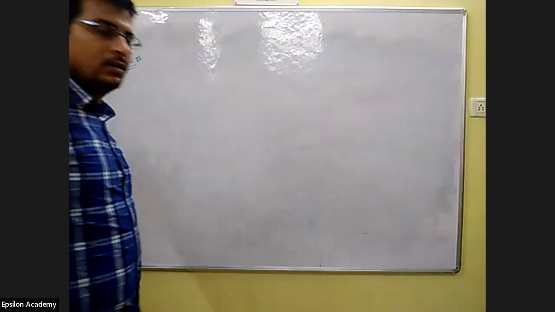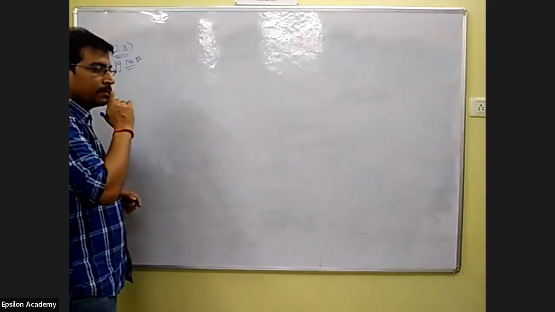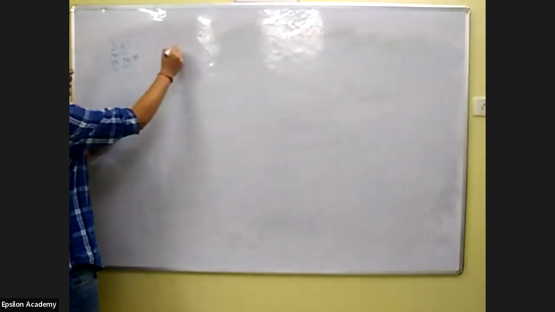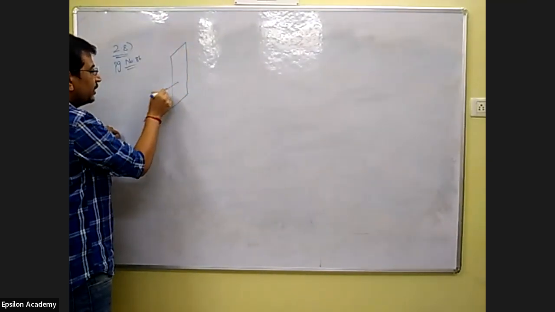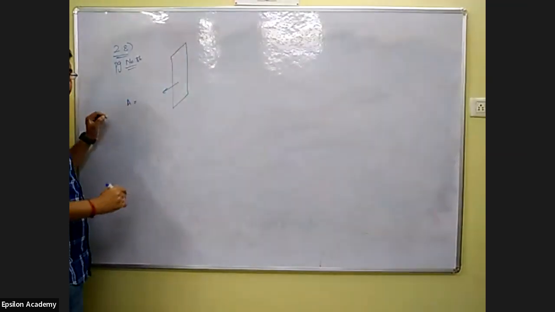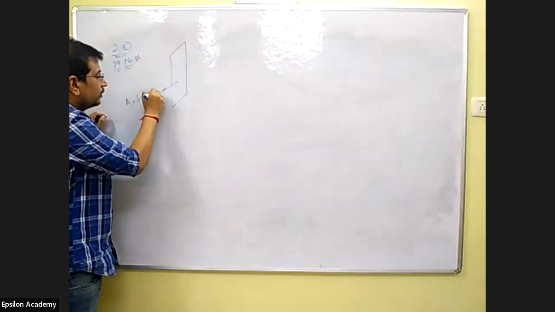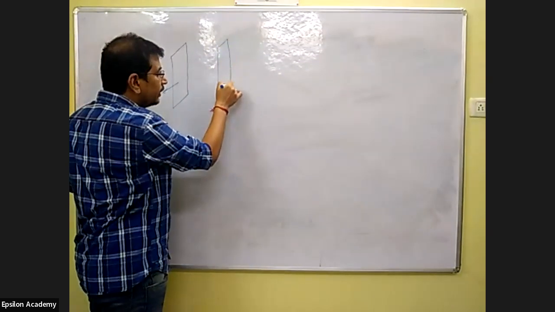Parallel plate capacitor, between plates. Each plate has an area 6 into 10 to the power minus 3 meters square. So there is a parallel plate capacitor, and each plate has an area of how much value? 6 into 10 power minus 3 meters square. Okay, and in between a medium is there.